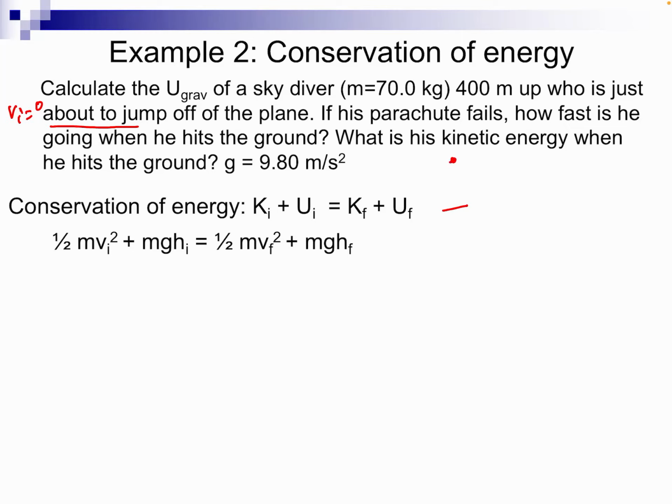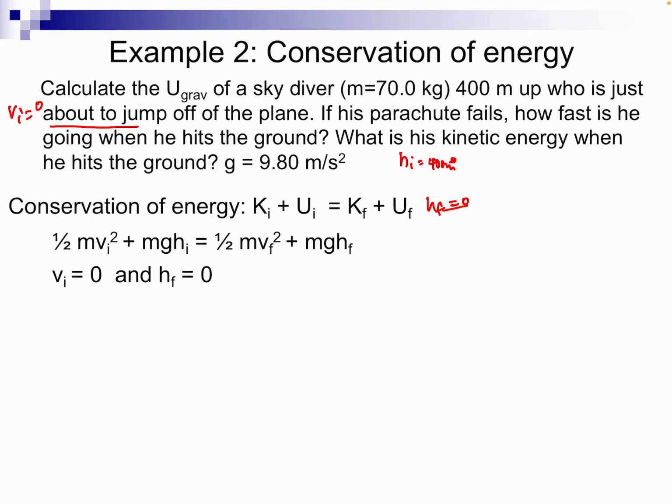Say this is the skydiver. Let's take the initial height to be 400 meters, and let's say the final height is equal to 0, hitting the ground. So the final height is 0 and the initial speed is 0.